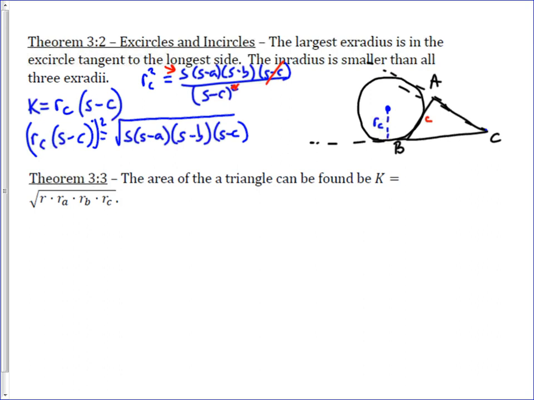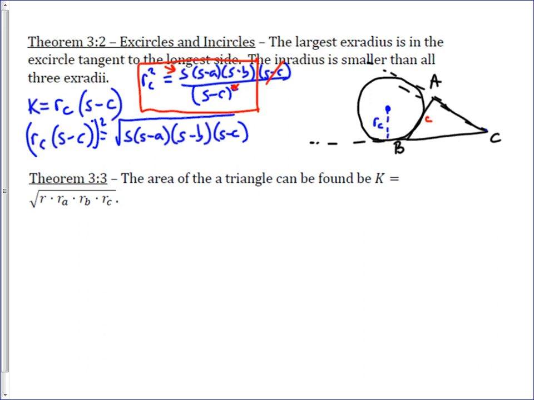You divide by a smaller number, and you get a bigger result. So from this result, we can see that RC, compared to the other excircles, is dependent upon the size of C. The bigger C is, the bigger RC is.